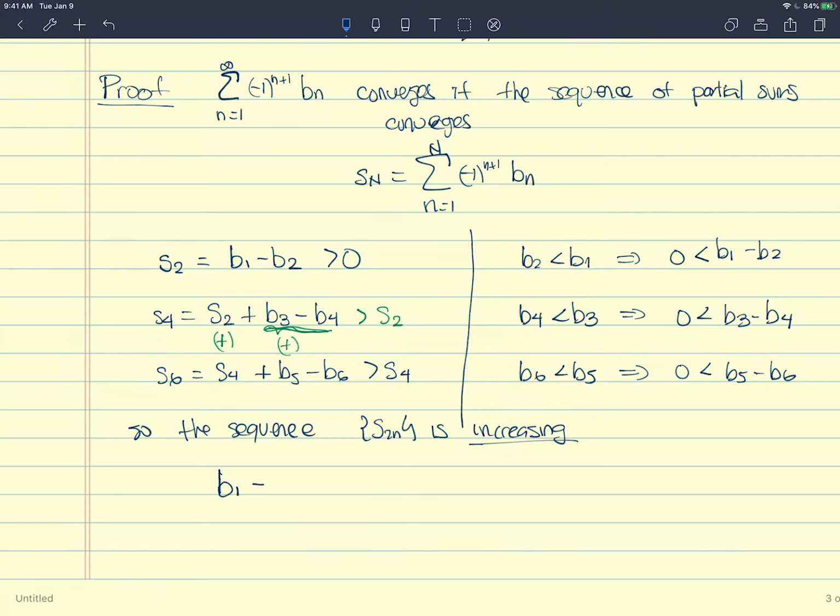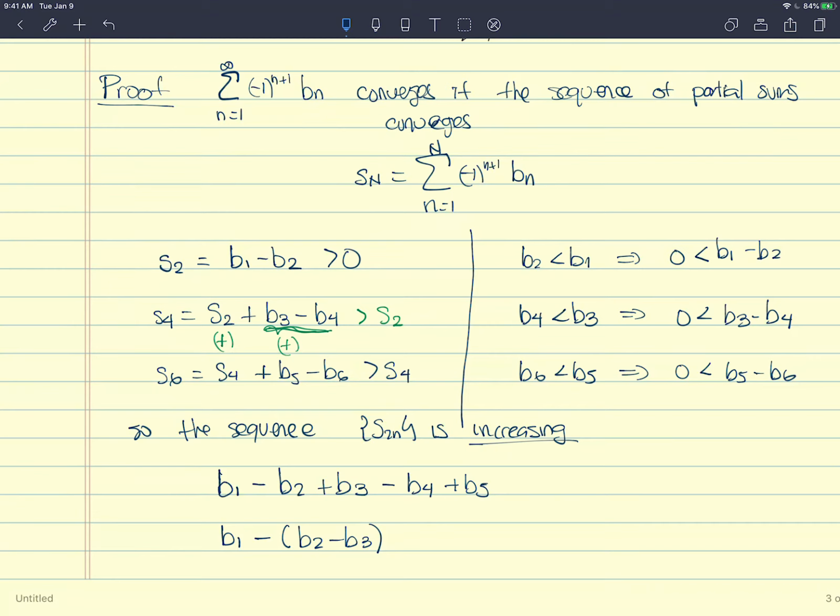B1 minus B2 plus B3. I can write this. This is the sequence, right? So this is a series. Sorry, I'm going to add minus B4 plus B5. Sorry, I had it backwards. No, it's fine. And so on. I could write it like B1 minus, open the parentheses, B2 minus B3, right?